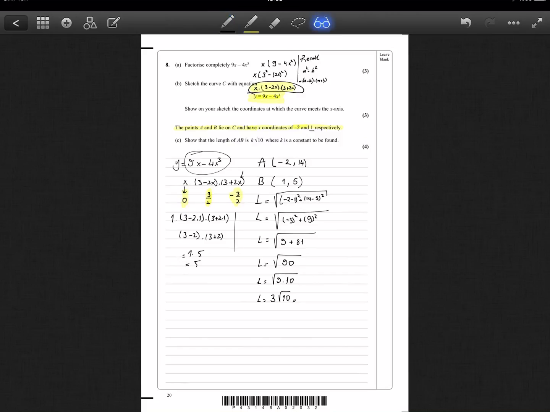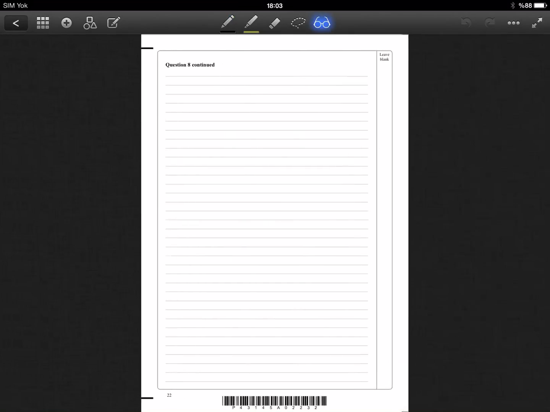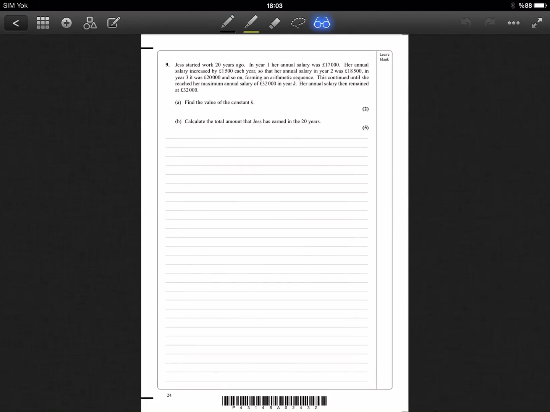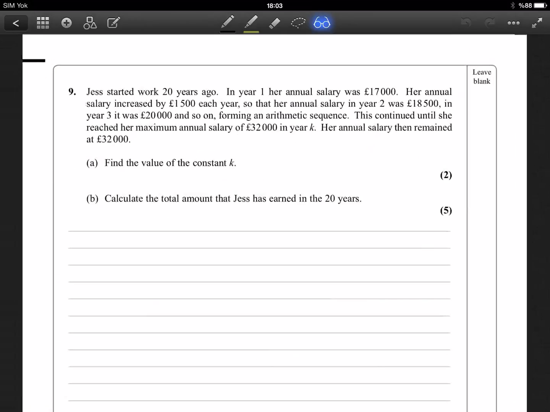The last part of the question. Yes, we have question 9. Let's say Jess started work 20 years ago. In year 1 her annual salary was this one. Her annual salary increased by 1,500 each year, so that her annual salary in year 2 was so on.